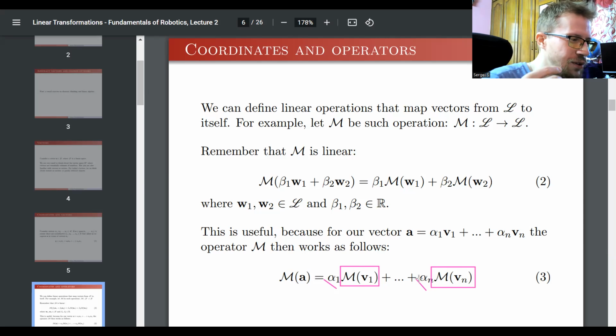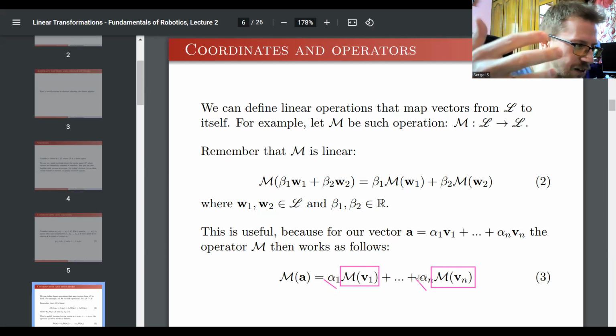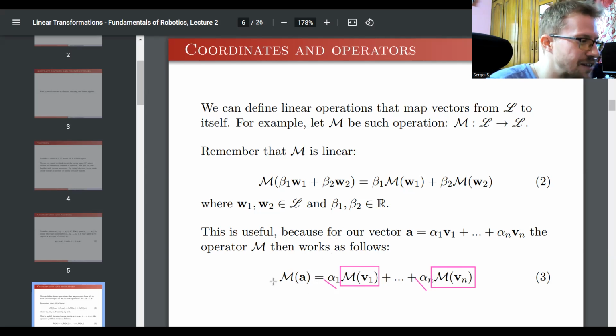We only need to know 3 answers, right? If we defined M, we only need to define what it does on v1, on v2, on v3, and then we know everything about what M does for any A, because we can always just scale the result and sum it up. You understand?